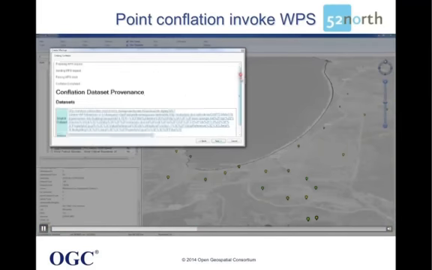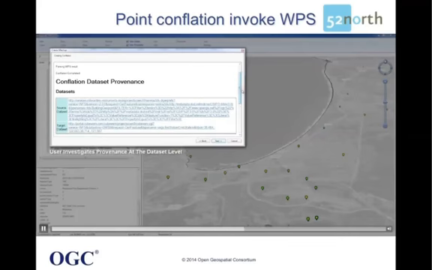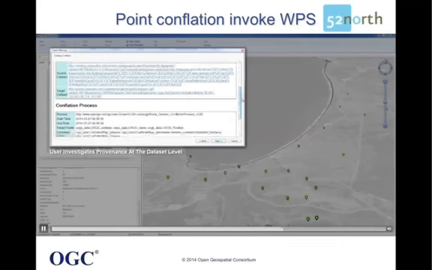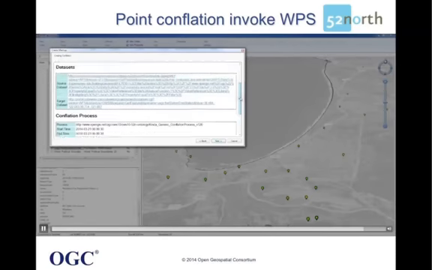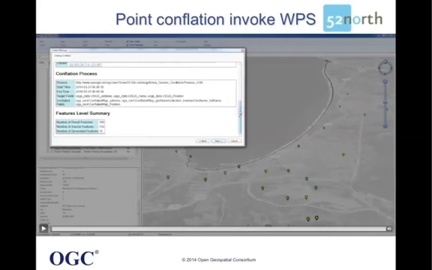After we did the mapping of attributes or the rules, the WPS is called, and then we get back some information. We get the information, of course, in XML, which is rendered nicely by the client.